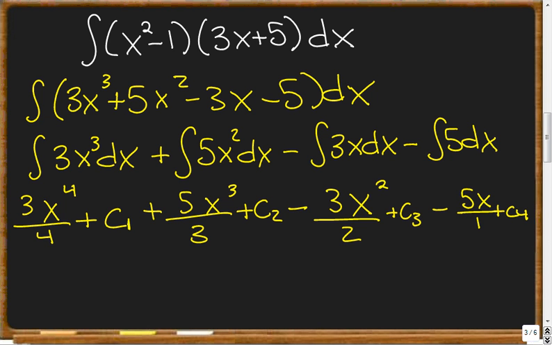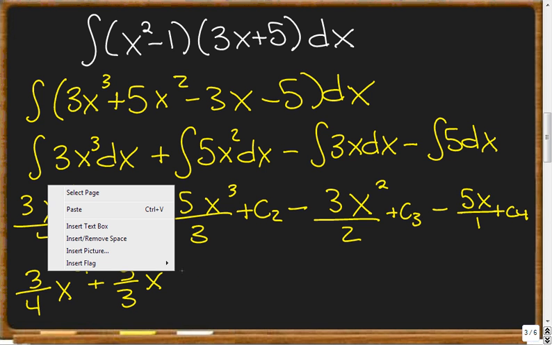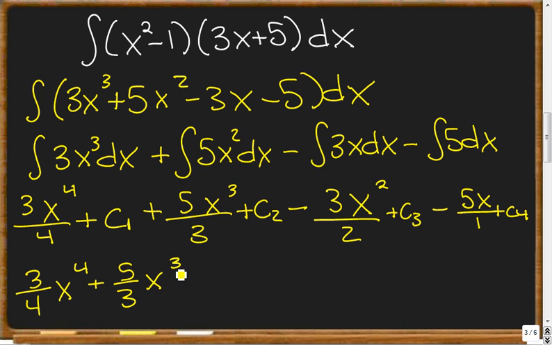Now, when we put all this stuff together at the end, you're going to have 3/4 x to the 4th, and you're going to have 5/3 x cubed, and you're going to have minus 3/2 x squared, and you're going to have minus 5x. But then we can just throw this big C on the end.